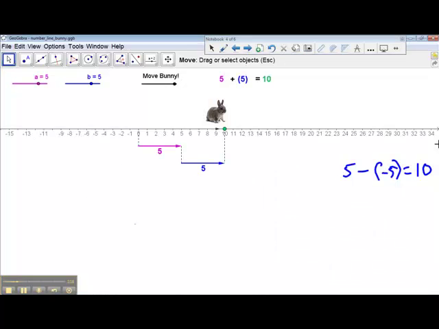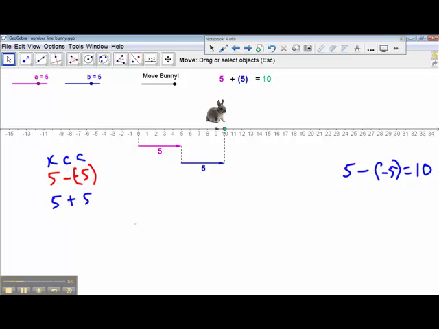Let's compare that to the number line. Let's rewrite it over here in red: 5 minus negative 5. And we have to do our regular routine of keep, change, change. So 5 stays the same.